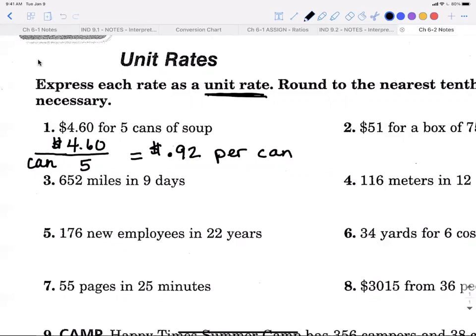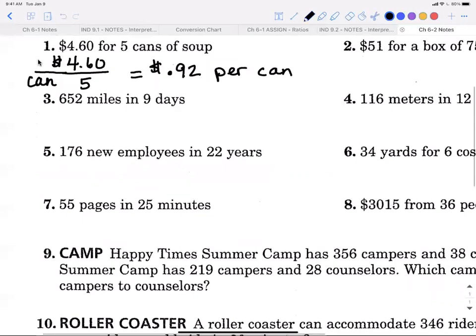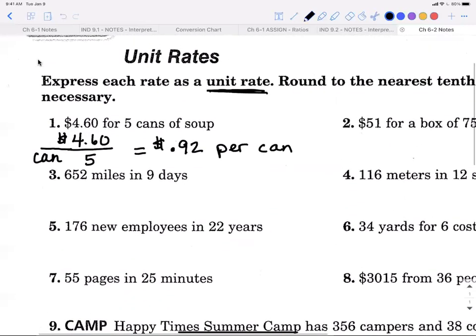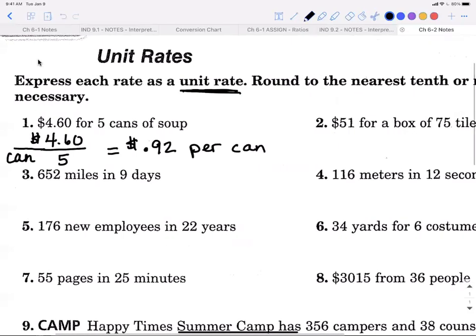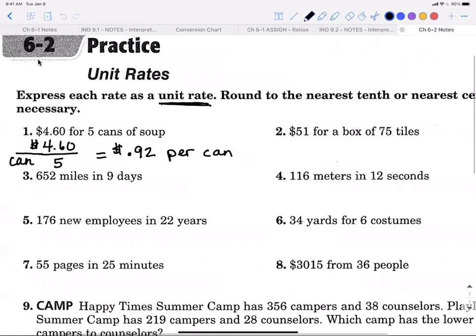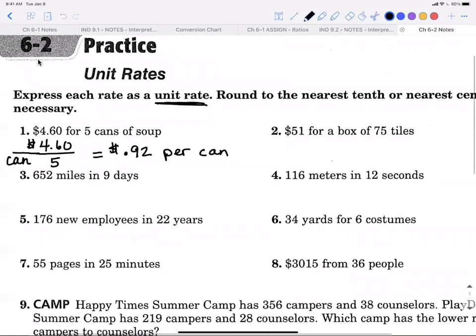So you still set up the ratio. Now there's longer work that goes into this, and when we get down to these story problems, you are going to have to do the longer work. So I'm going to take the space under number 2, because we're not going to do number 2, and show you the work behind why this works. Again, my initial fraction I set up was money over cans, right? That was my initial fraction.